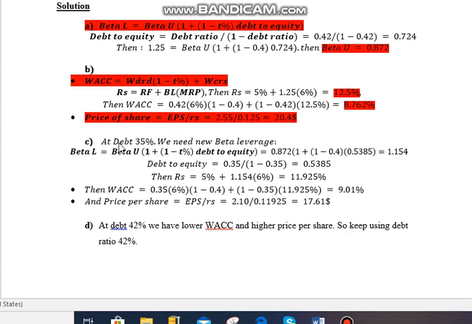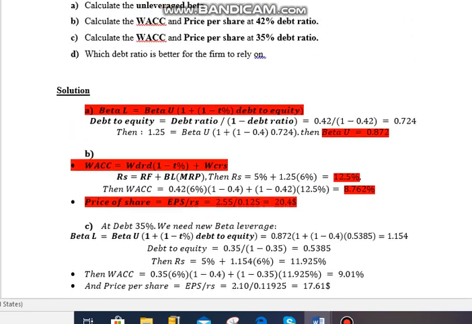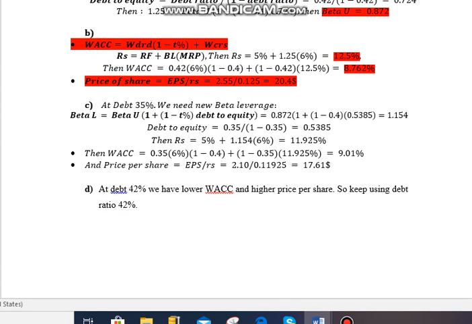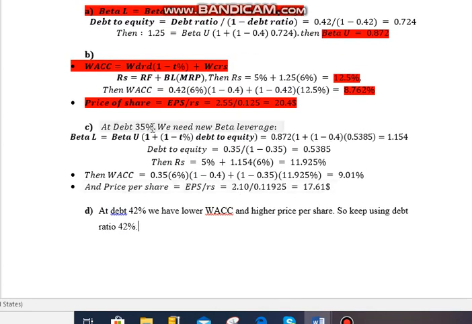Then in part C, calculate the weighted average cost of capital and the price per share at a 35% debt ratio. First of all, at debt 35%, we need a new levered beta. The levered beta is equal to the unlevered beta times 1 plus (1 minus tax rate) times debt to equity.